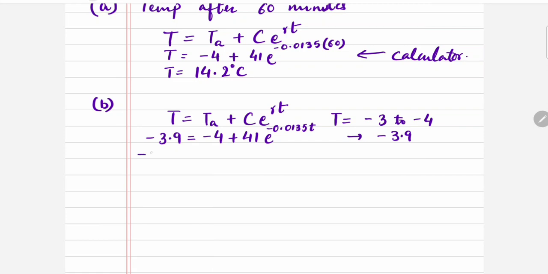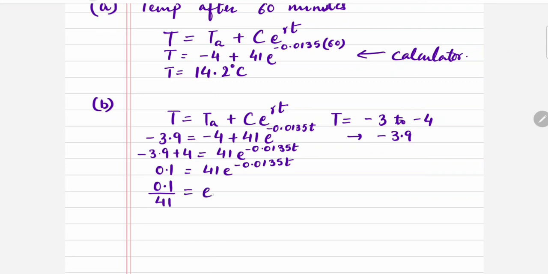So that will now be -3.9 plus 4 is equal to 41 e to the power of -0.0135t. This is going to give us 0.1 is equal to 41 e to the power of -0.0135t. That 41 is divided, so 0.1 divided by 41 is equal to e to the power of -0.0135t.